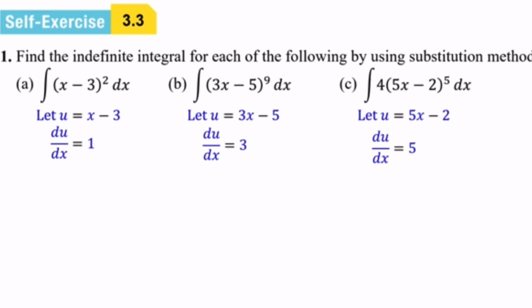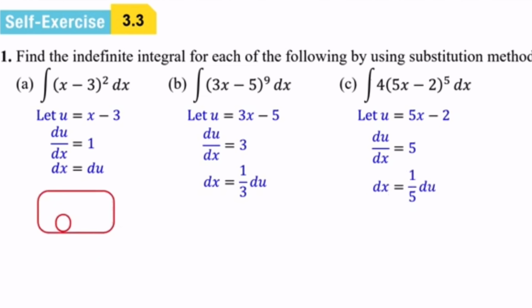So now we are going to write dx in terms of du. For A, dx equals du. For B, dx is 1 over 3 du. And for C, dx is 1 over 5 du, right? Okay, so we are going to substitute because this is integration by substitution.